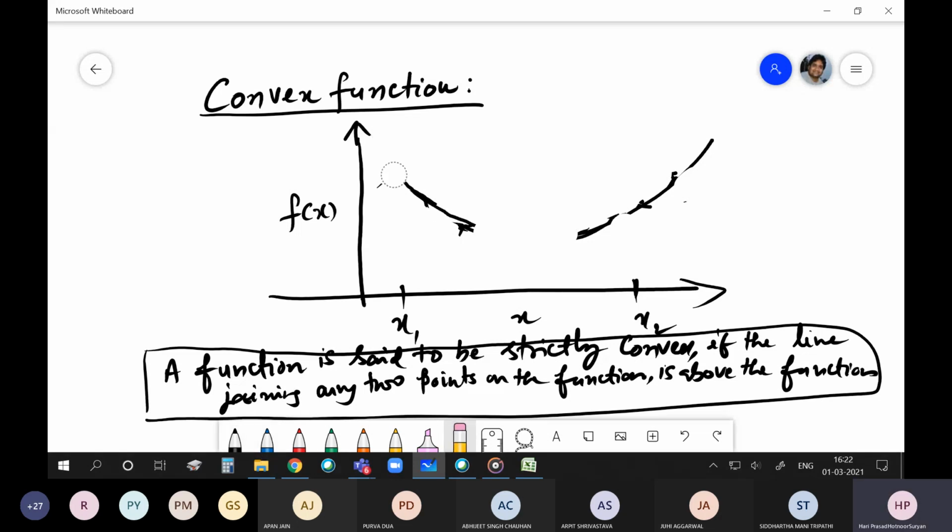Let us say I take this point and this point.